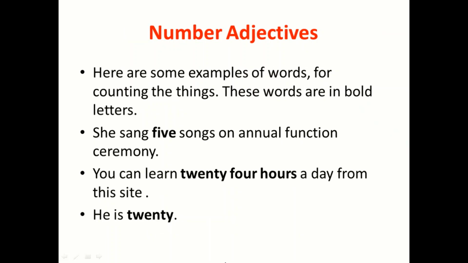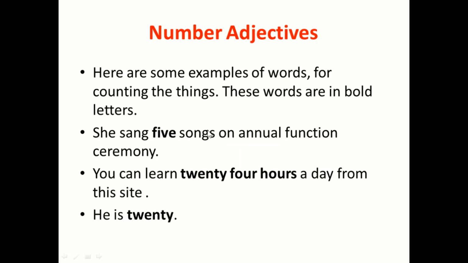Now we have number adjectives. Here are some examples of words for counting things. These words are in bold letters. She sang 5 songs on annual function ceremony. So, how many songs did she sing? 5 songs.